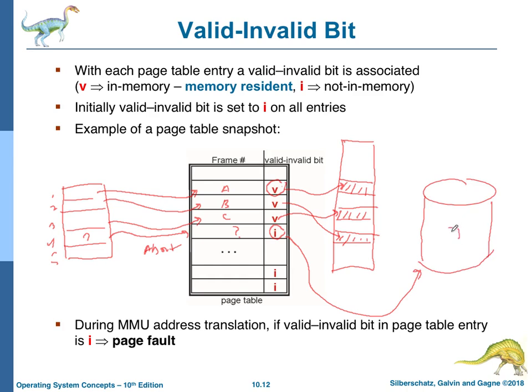The page that was requested will be loaded into the main memory, and then main memory will update the entry of the page table, because now it's available in the main memory.